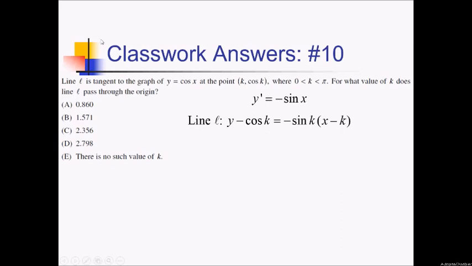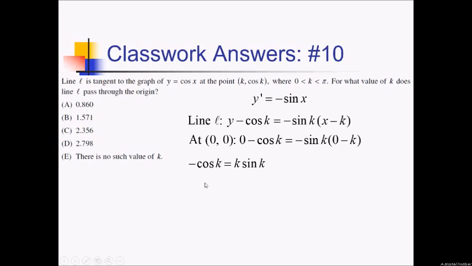Next, if we're going through the origin, that means we're at the point 0, 0, so we can rewrite this as 0 minus cosine of k equals negative sine of k times 0 minus k. And we can clean this up a little bit and just write negative cosine of k equals negative k sine of k. Actually, positive k sine of k. If I distribute, I get a negative times a negative. So negative cosine of k equals k sine of k.